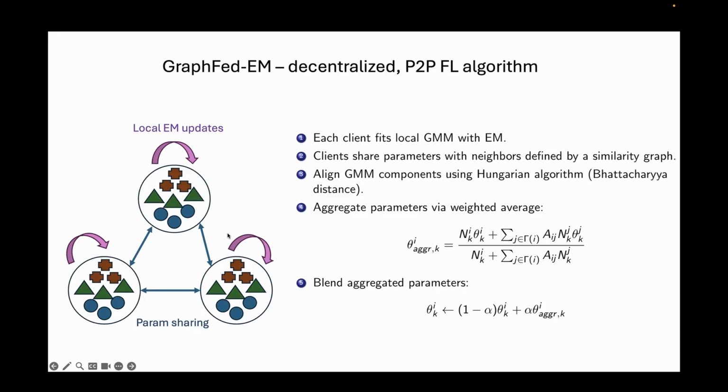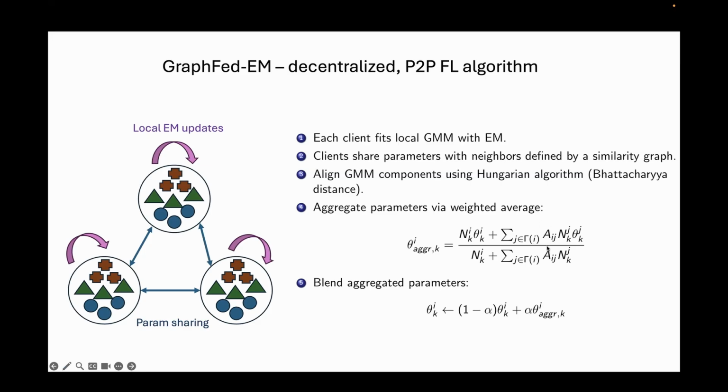The neighbors are the nodes that have similar data distributions, connected nodes. Once we have these shared parameters, we perform the aggregation of the parameters, described by this formula here. Loosely speaking, it is the averaging of all the parameters learned locally on all connected nodes, weighted by a certain weight.